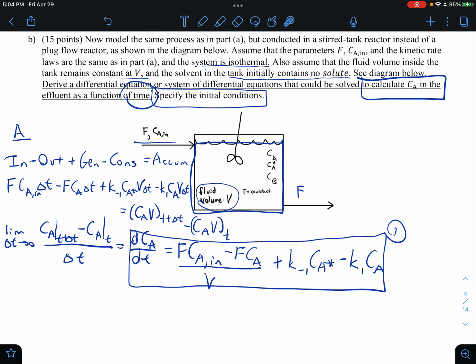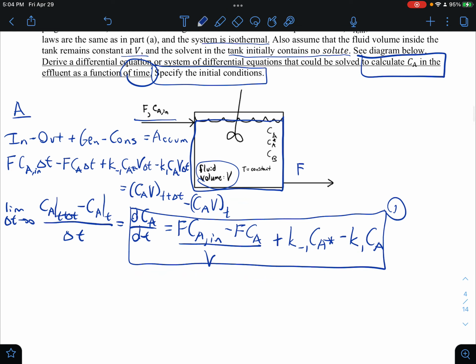Notice that it is insufficient to solve for CA as a function of T because it involves CA star, and CA star is not constant. So we now need to do a balance on A star. That's going to look very similar. The input is going to be 0, because there's no A star in the input.